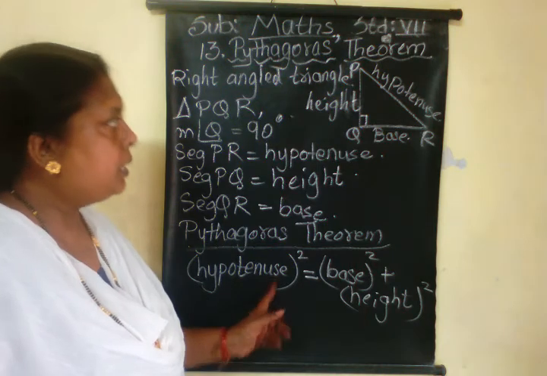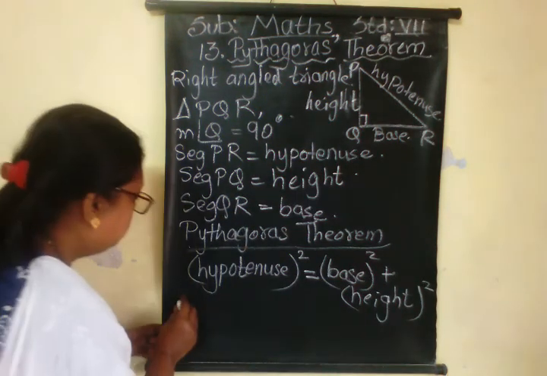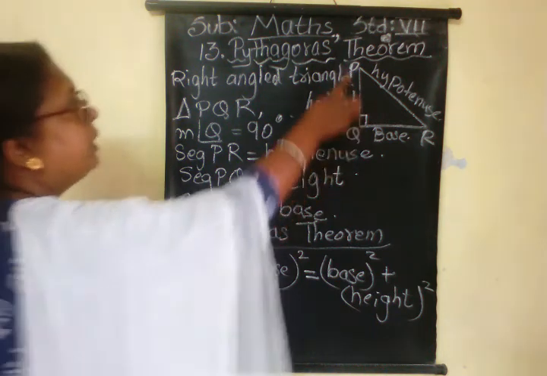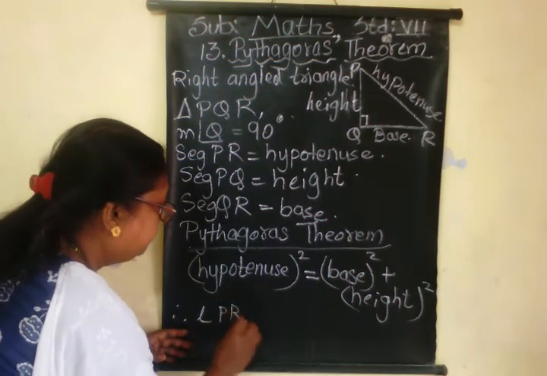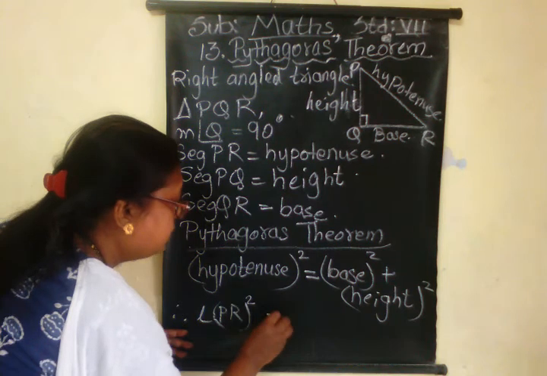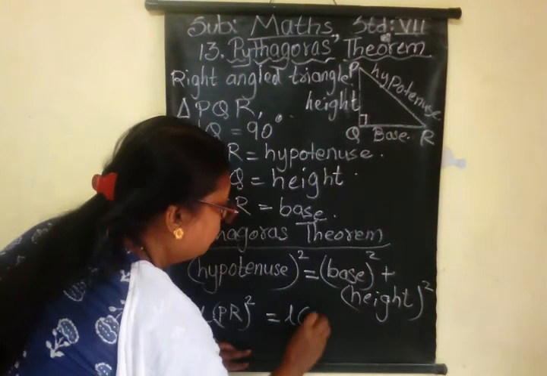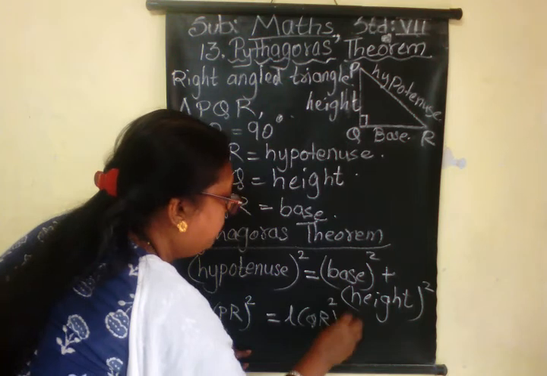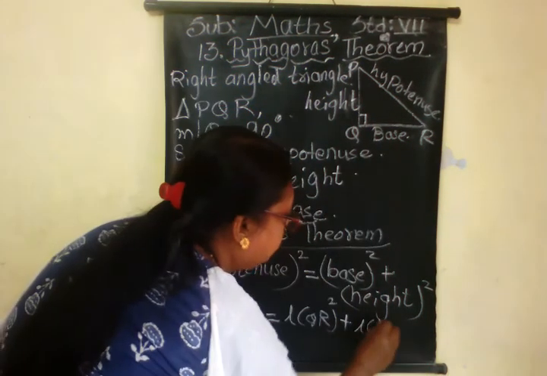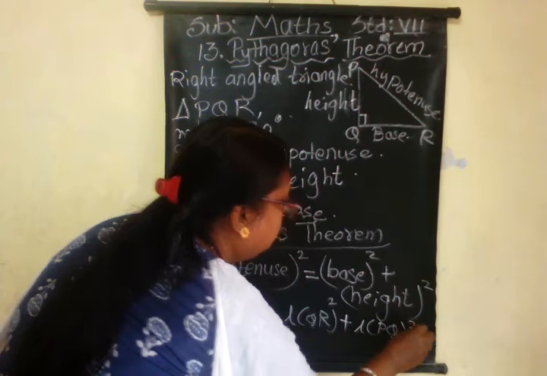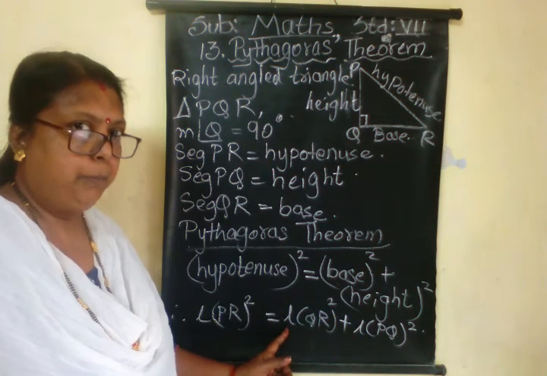So as per this theorem, now let us write. Here hypotenuse is length PR. Length PR square is equal to base. Base is QR. Length QR square plus height square, that is PQ. Length PQ the whole square. So you have to take down, children, this is very important.